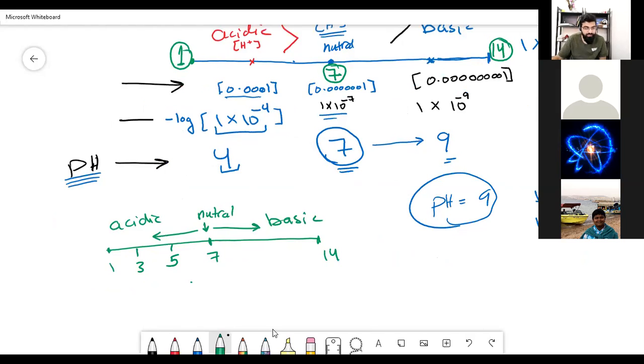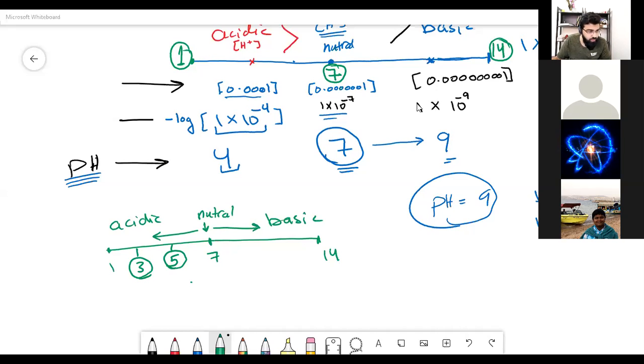The question: if I give you 2 solutions, one has pH 3, one has pH 5, which solution is more acidic? pH 5 or pH 3?